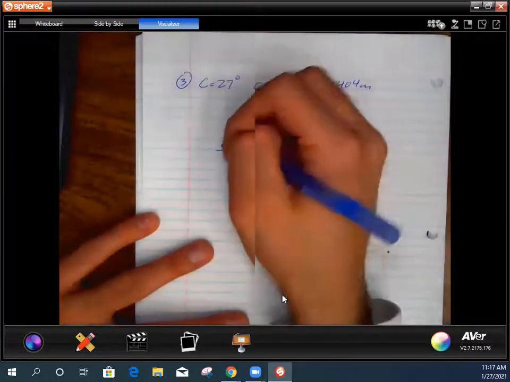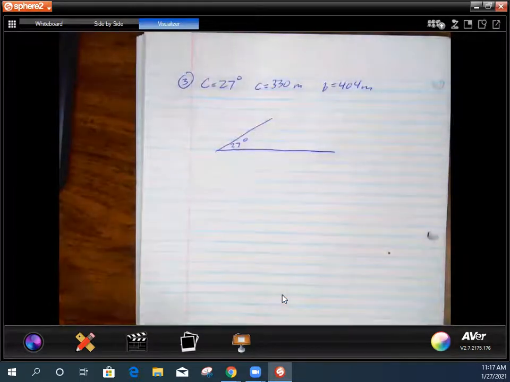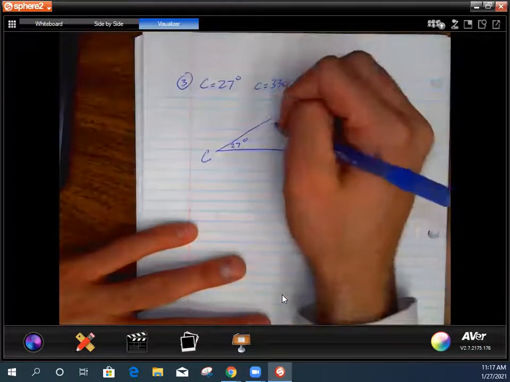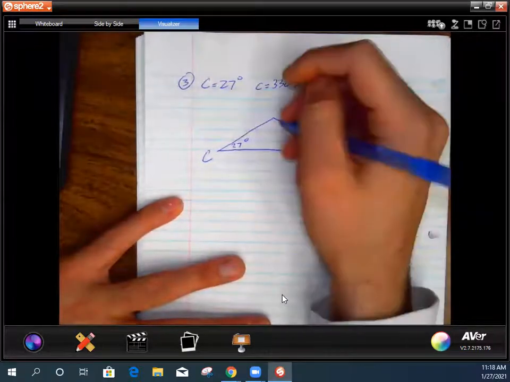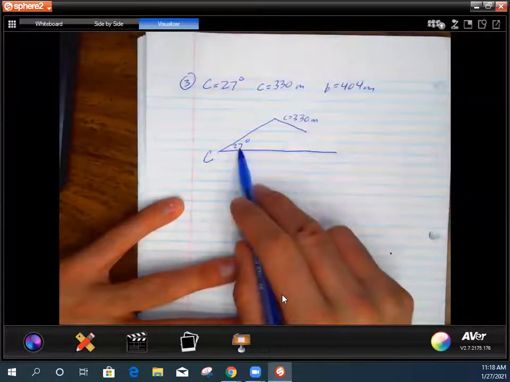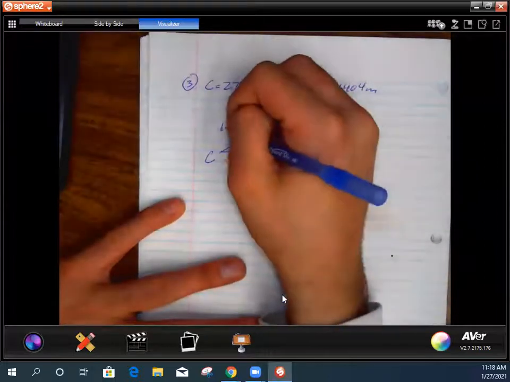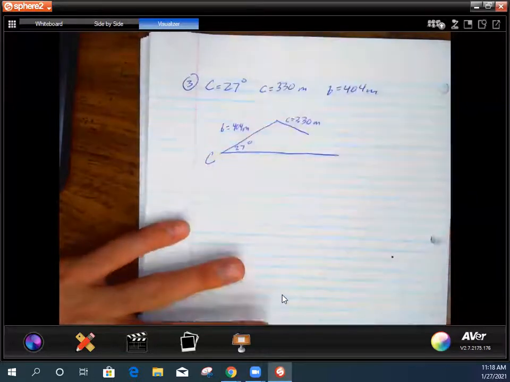I'm going to put the given angle here, make that 27 degrees, and I'm drawing it to look acute because 27 degrees is acute. All right, I'm going to make this side 330 meters because that would be side C across from that angle. And side B I'll put here because I know the length of it and it's not across from angle C. So that could be side B.